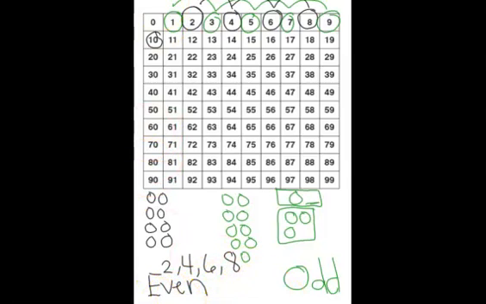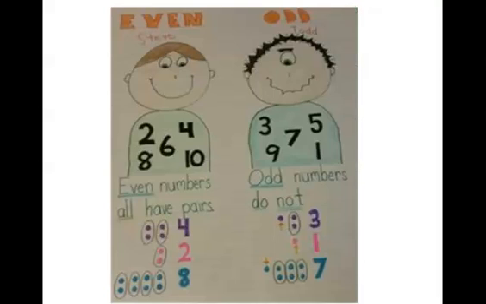So let's review what we've learned. We have here a little public record, a chart here to help us remember. And we have even, and we're calling him Even Steven here. And here's some even numbers. And they all have a pair here.